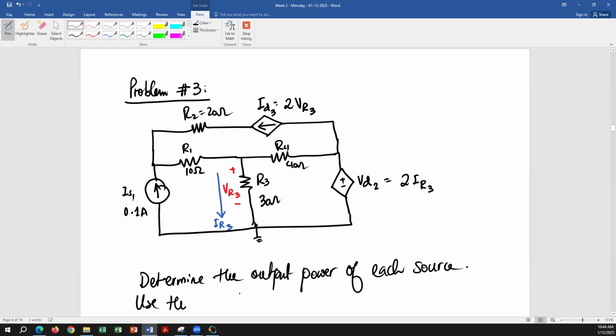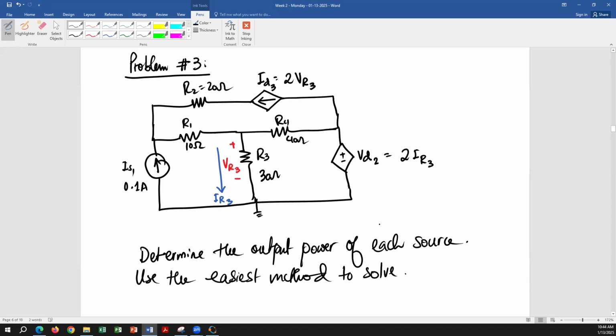Use the easiest method to solve. Determine the output power of each source.